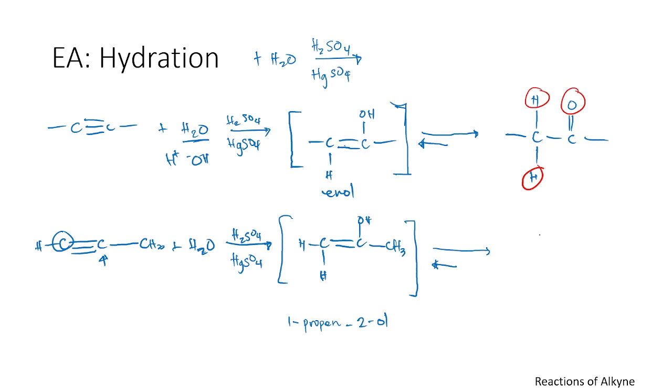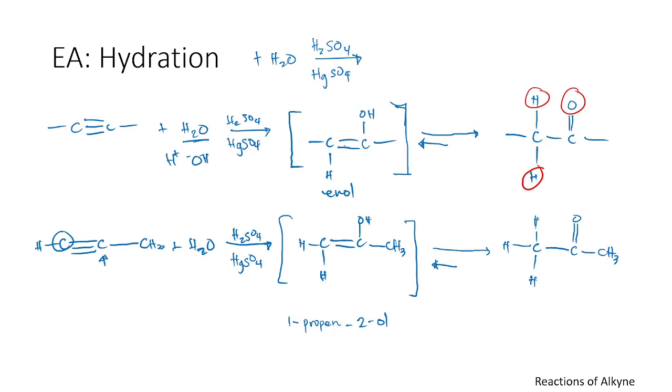So we will have here our C, and we will have here our three hydrogen atoms and a single bond. We have here a double-bonded oxygen to our carbon. Then we have here our CH3.